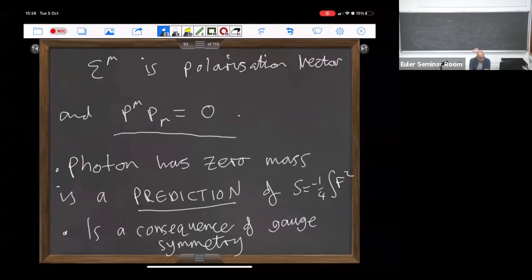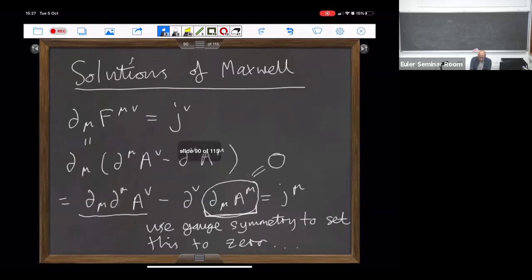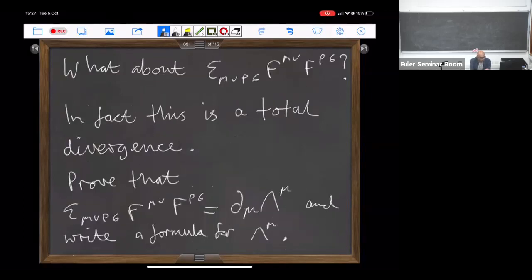Sure. So when we consider the term of the Lagrangian that has the form of epsilon mu nu rho sigma and F mu nu F rho sigma. Yeah. And your exercise was to write it as the total derivative of a current. So I guess that this current must be gauge invariant in order to vanish at infinity, right?